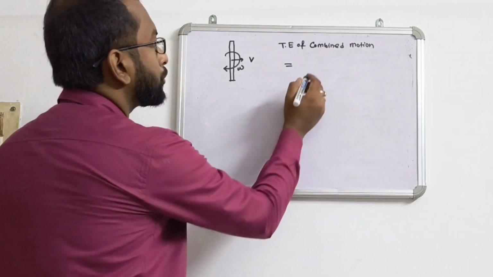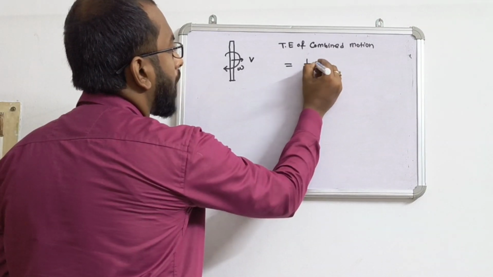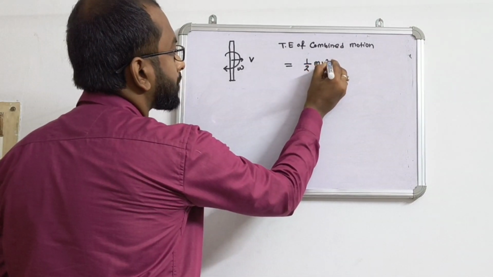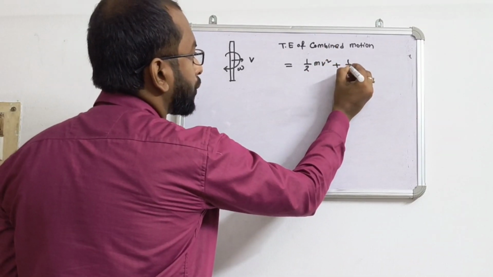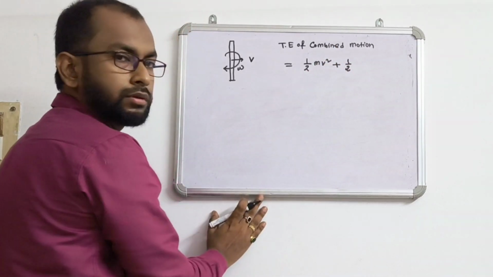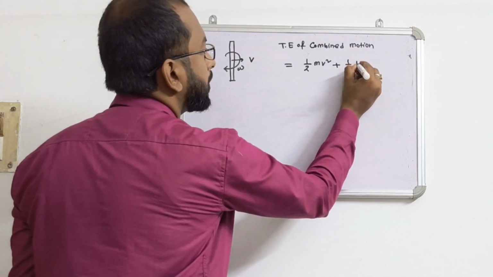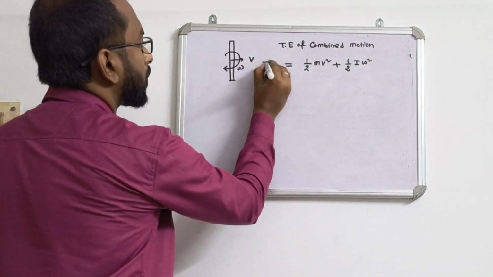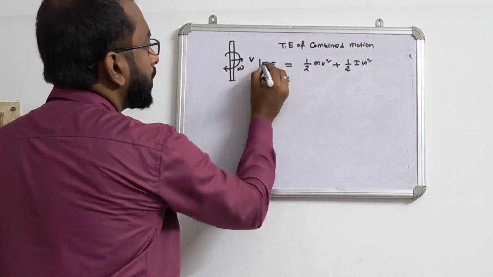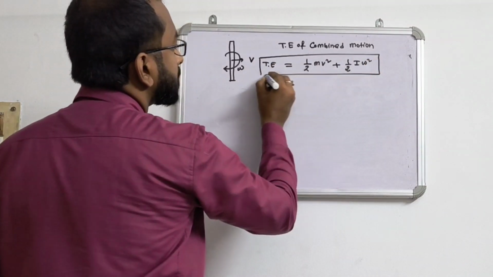So for translational motion, the kinetic energy will be half m v square, plus due to the rotation it will also have some energy, that is called rotational kinetic energy, half I omega square. So this is the total energy for a rotating body with distributed mass.